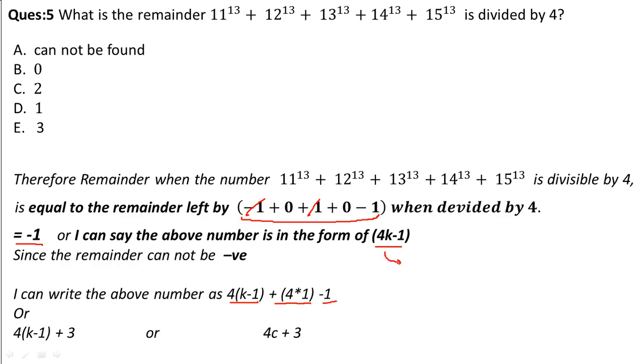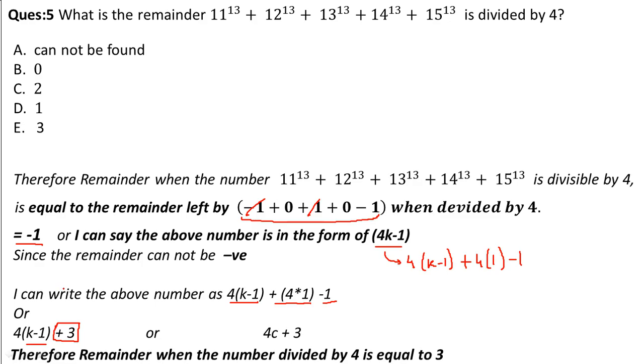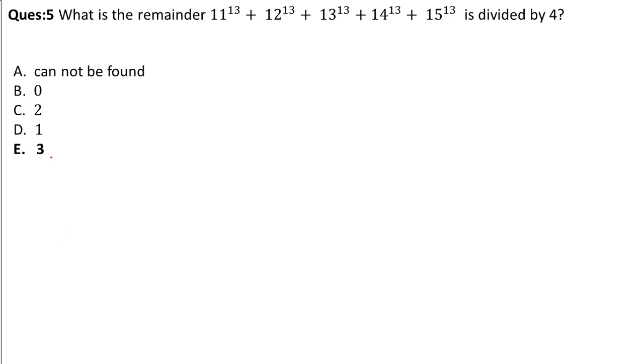See, I broke this. I took 1 out from this value of k and wrote it separately, plus 4 into 1, and this minus 1 was left. So 4 into k minus 1 plus 4 minus 1, or 4(k minus 1) plus 3, or 4c plus 3, where c is equal to k minus 1. So the remainder is plus 3. So the right answer to the question is option choice E, that is 3.